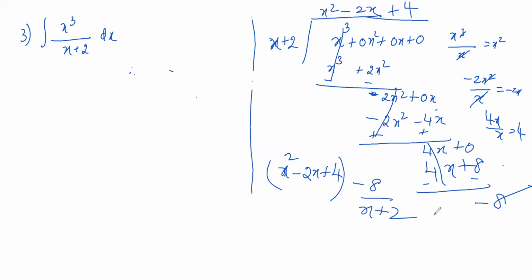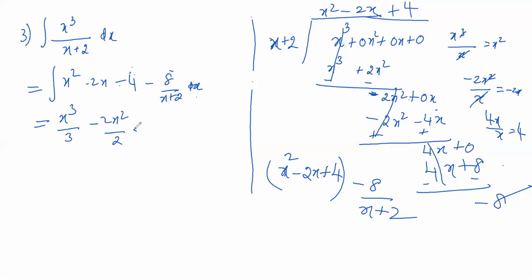So division is over. Now coming to the integration process: x squared minus 2x plus 4 minus 8 by x plus 2, dx. The integral of x squared is x cubed by 3, minus 2x squared by 2, plus 4x, minus 8 log of x plus 2, plus c. The 2 gets cancelled.